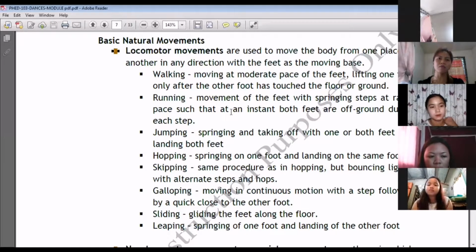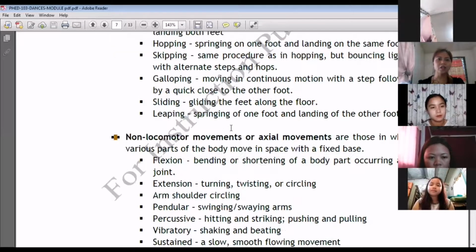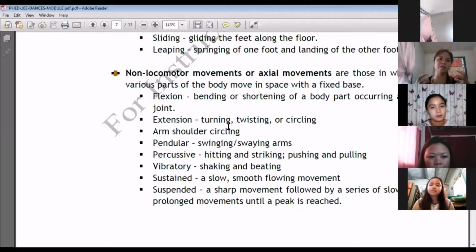So any movement of the body which has a direction and you move from your original position to a distance to another direction, then that is locomotor. On the other hand, your non-locomotor movements are executed, and yes, you're still moving, but you move on a fixed position. That's a simple delineation between locomotor and non-locomotor movements.